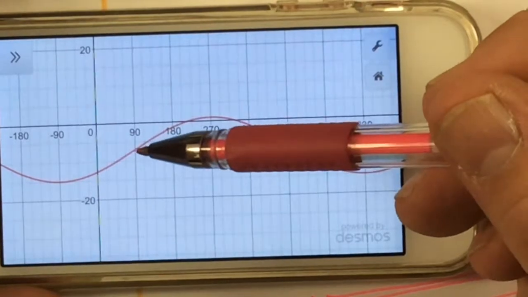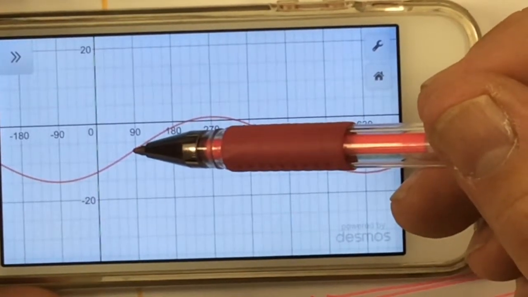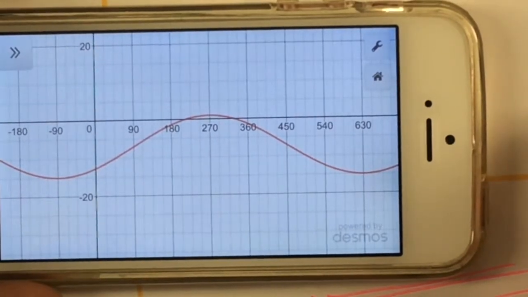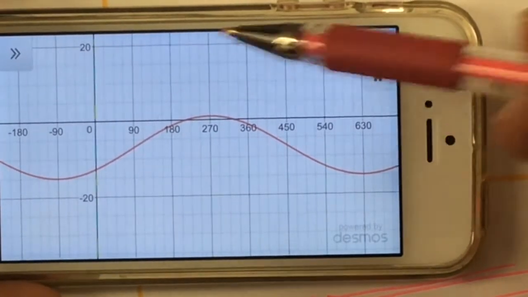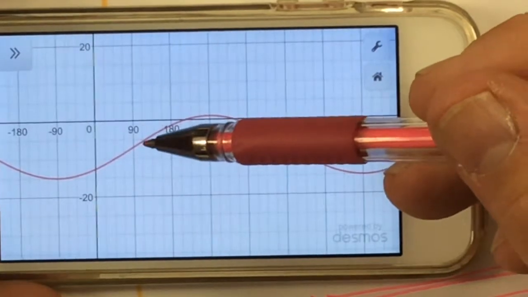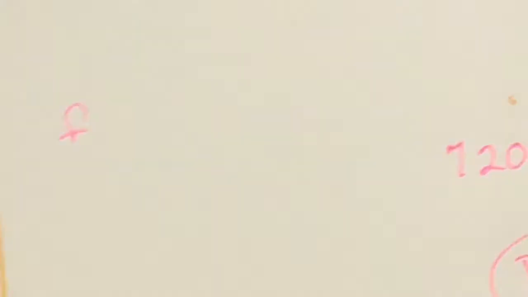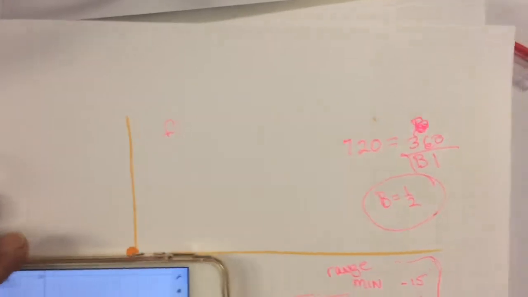So if this is a sine curve, then what kind of shift do we have? Well, it's a phase shift 90 degrees to the right, right? And so what letter is that? C. So now where's my equation? My equation was f of x, right?